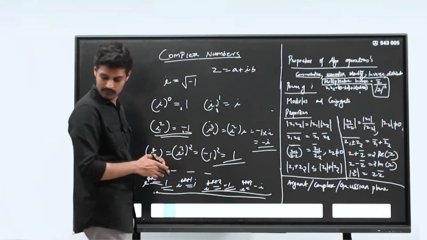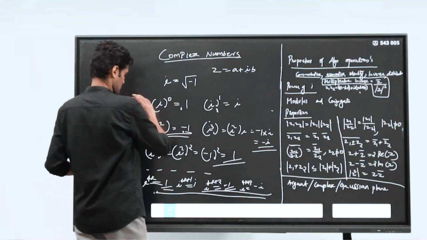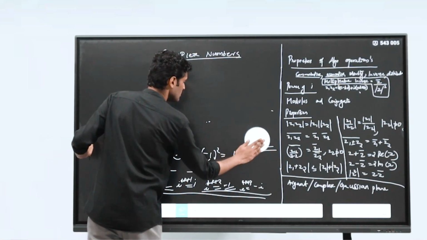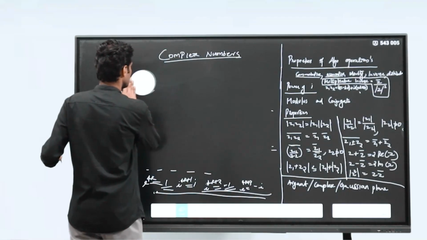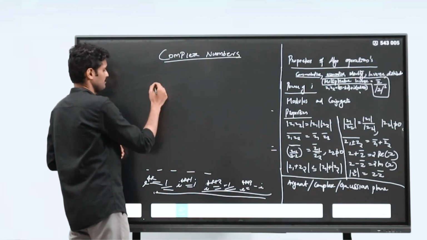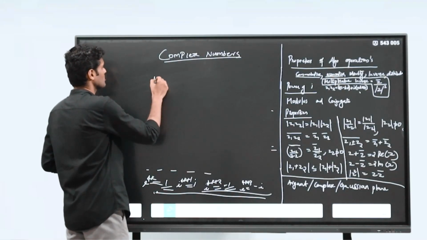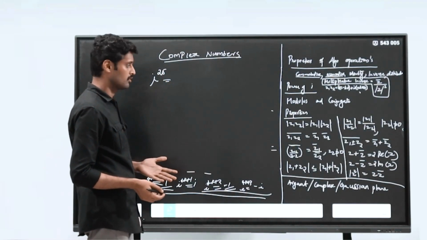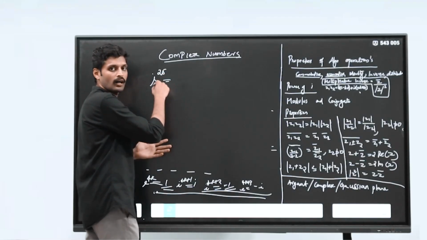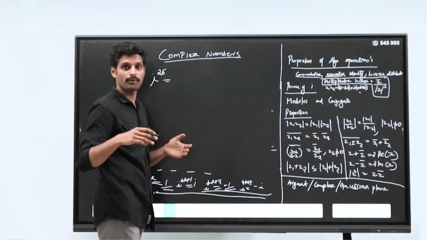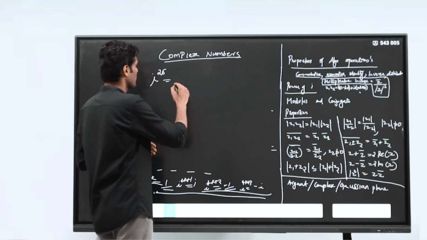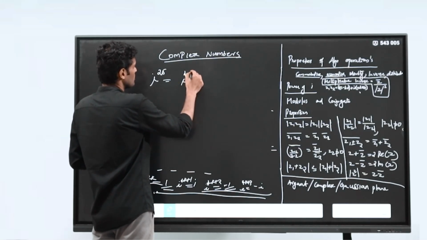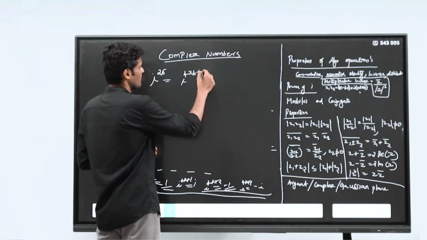So for example, what is the value of I raised to 25? We can write I raised to 25 as a power that is a multiple of 4 plus something, that is I raised to 4 into 6 plus 1.